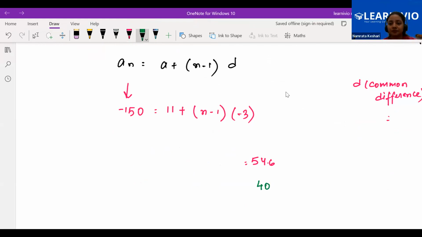Let's check it. Yes, Ziana, you also tell me. Then we will be doing it over here. Ma'am, I'm getting 40. Galvin is also getting 40.